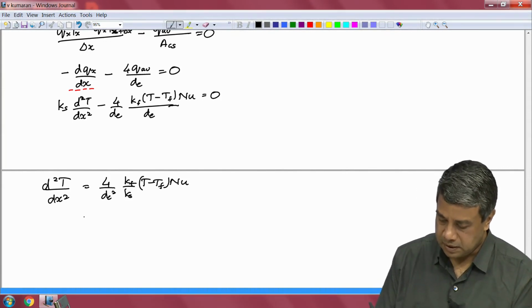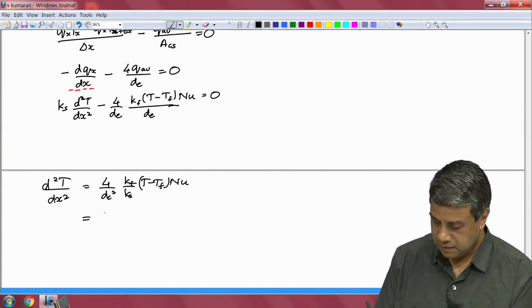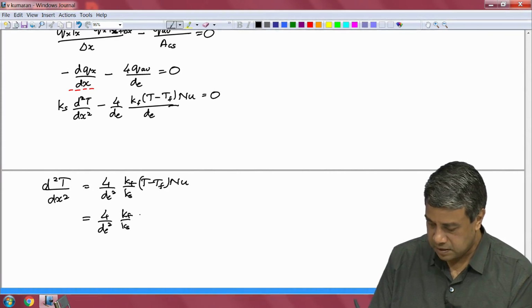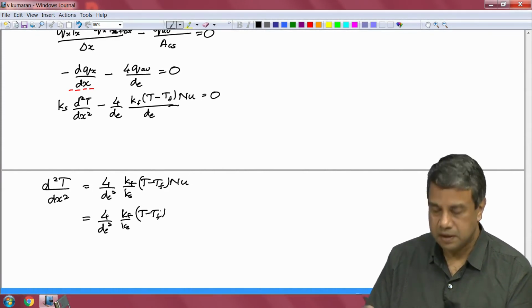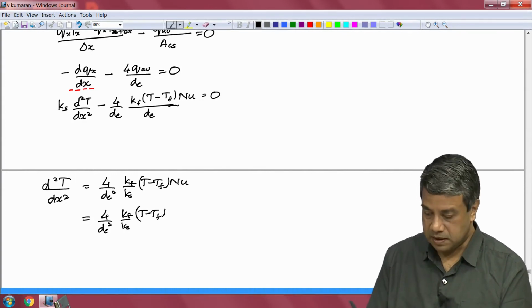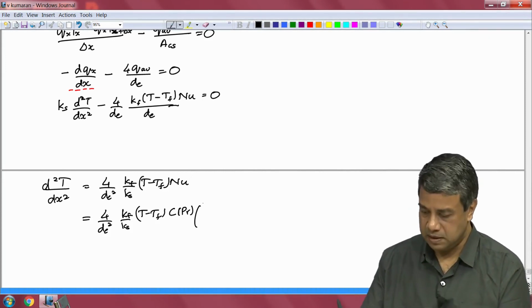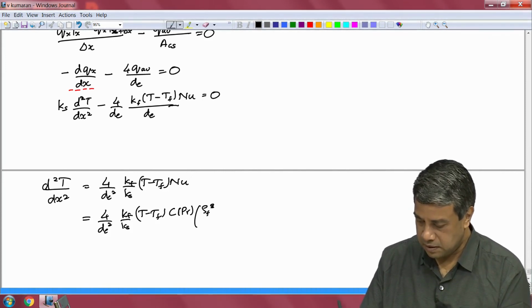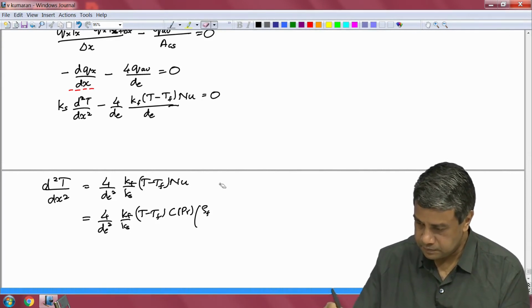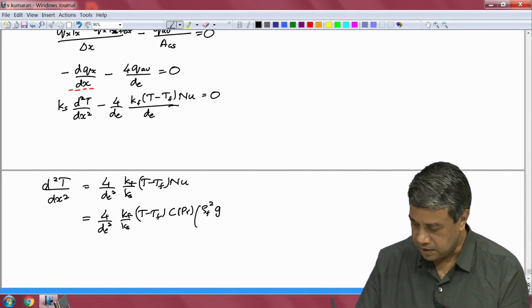The Nusselt number is equal to a constant which depends upon the Prandtl number times rho f square g beta t minus tf into the equivalent diameter cubed by mu f square, whole power 1/3.